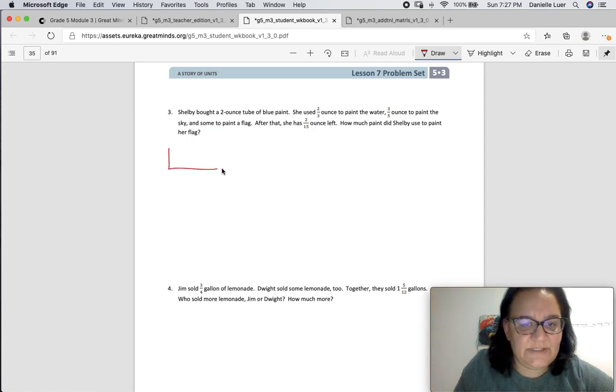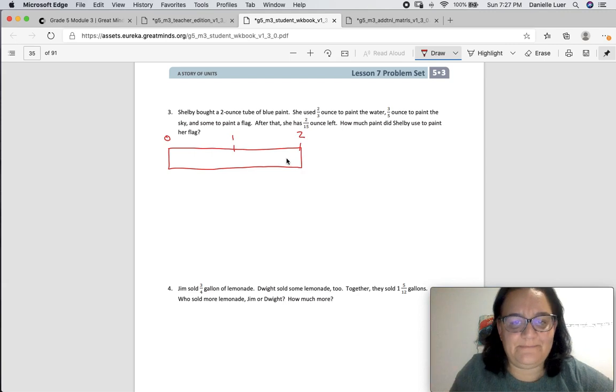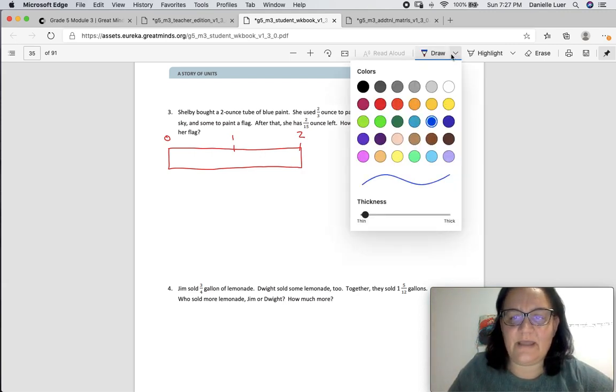Okay, so she had 2 ounces, 2 ounces of blue paint. Now, these are not going to be exact lines, okay?